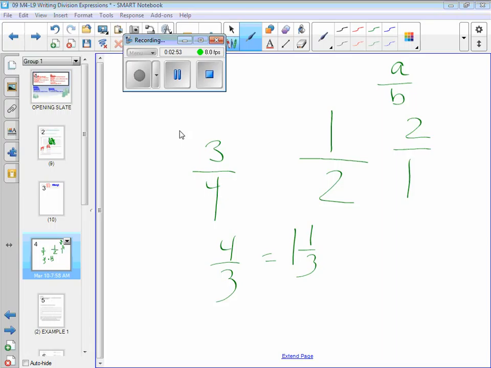This bar has to somehow represent that it's division. What's another way to say a division expression? We did A divided by B. What's the other way that you could say it? Right, quotient of A and B.